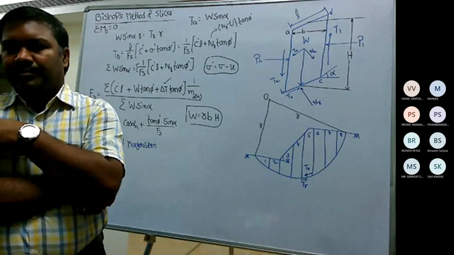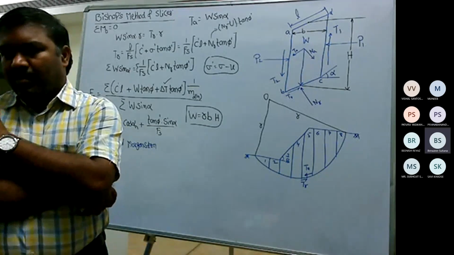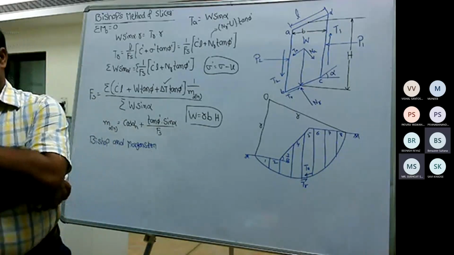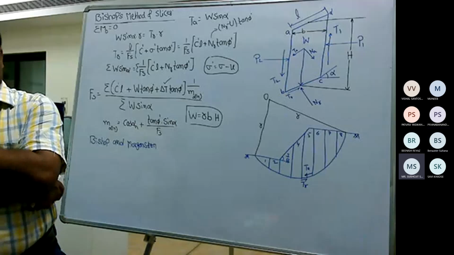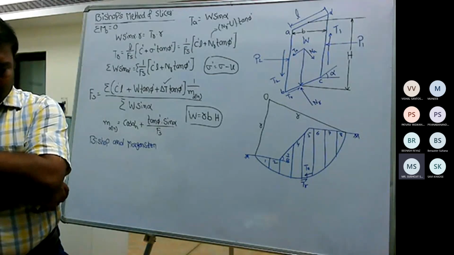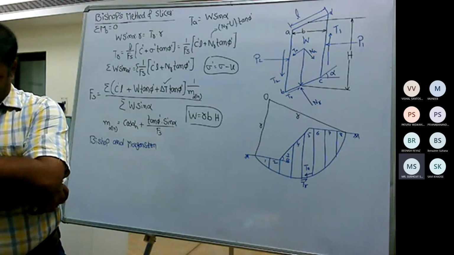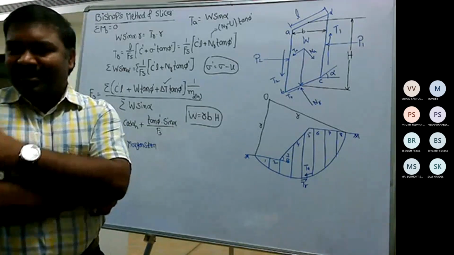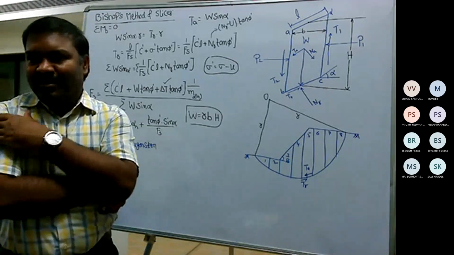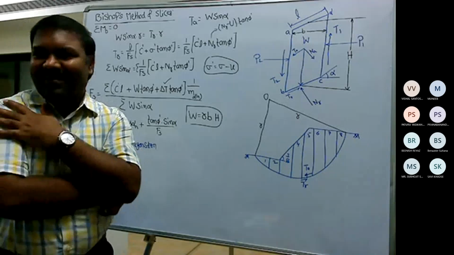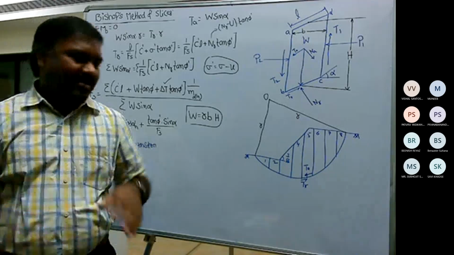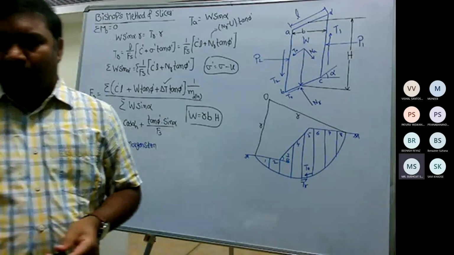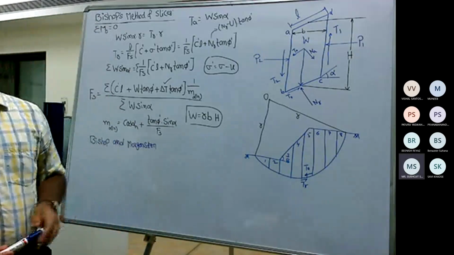Okay, Benazira, No, sir. Subhosit, No, sir. Vasavi, No, sir. So can I understand that you are able to understand, or can I understand that you didn't understand anything? Understood. Okay. Very good.